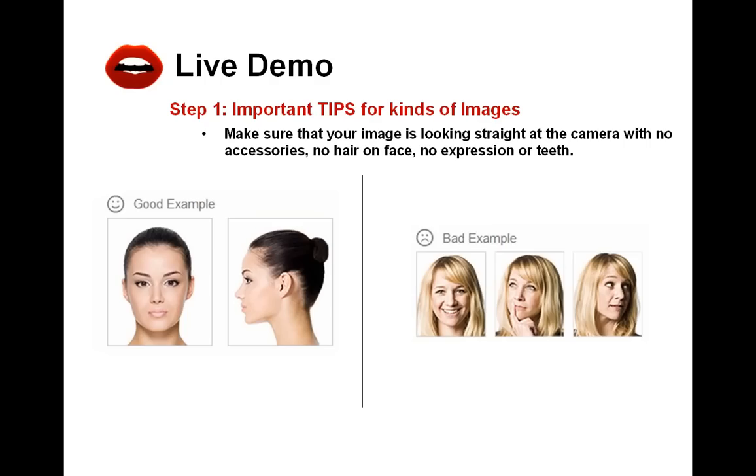I know many times when we take pictures, we tend to smile. But again, this is not for your Facebook or a family photo. What you want to have is a neutral face, like a passport picture, looking straight at the camera with no smiling, no teeth, no expressions, no nothing. Okay, this will definitely make it a lot easier when you start animating in CrazyTalk.